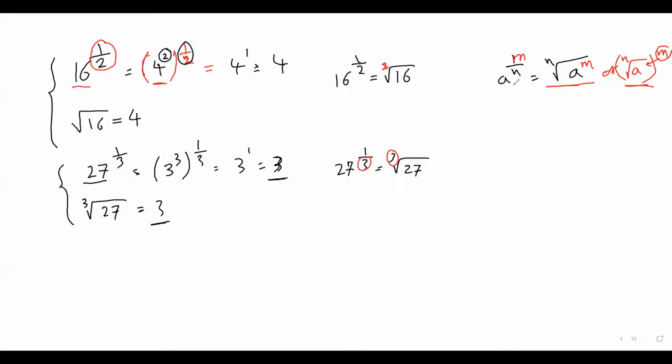Since you've just been introduced to it, maybe we can start with some quite easy examples. In these following examples, we've been asked to find the answer without using a calculator. So 16 raised to the power of a quarter, you can write this as the fourth root of 16, right?